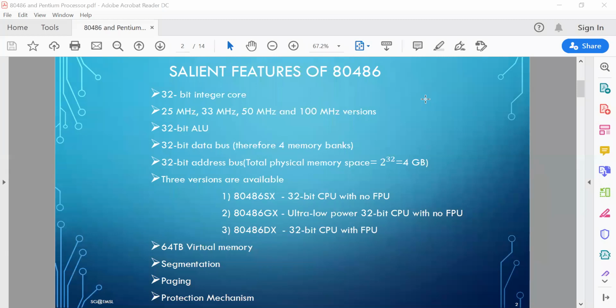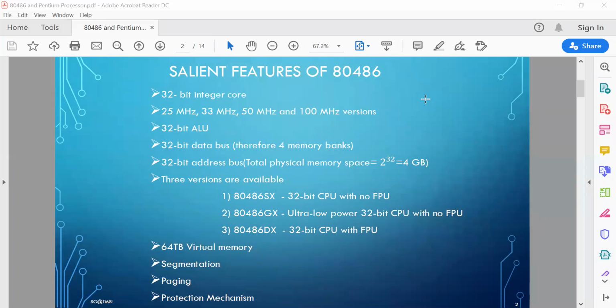These 4 memory locations can be divided into 4 banks. The first memory location will be 0000 in the first bank, then 0001 in the second bank, 0002 in the next bank, and 0003 in the next bank. So 4 banks are required, and using each bank, 8 bits of data can be transferred.